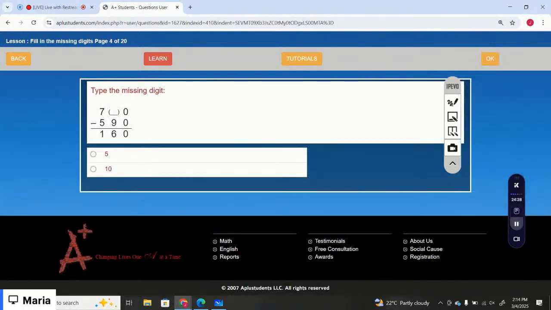Type the missing digit. So which is the correct option? Which number is missing?